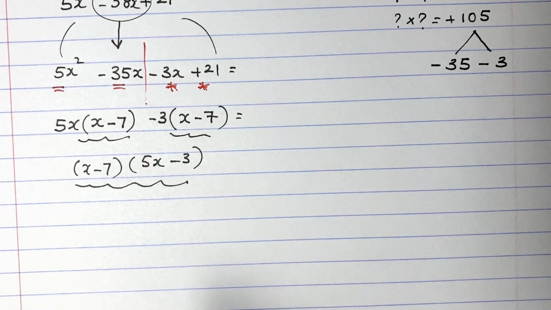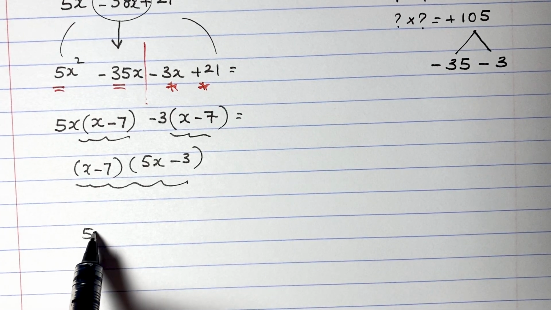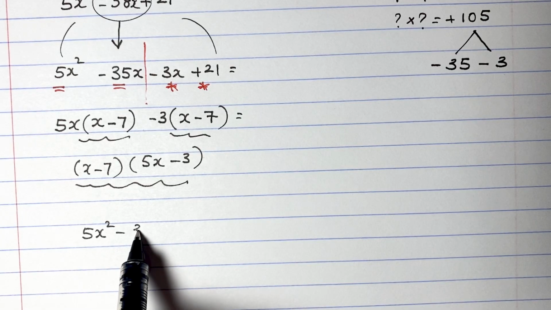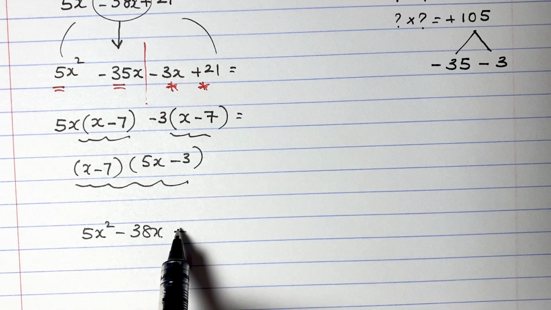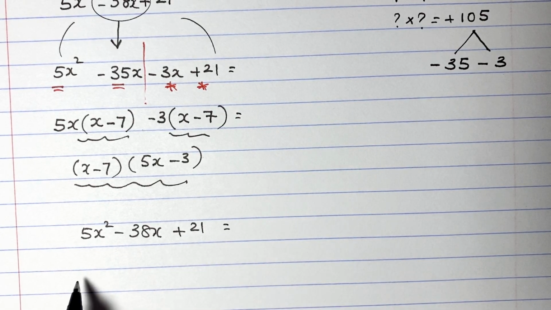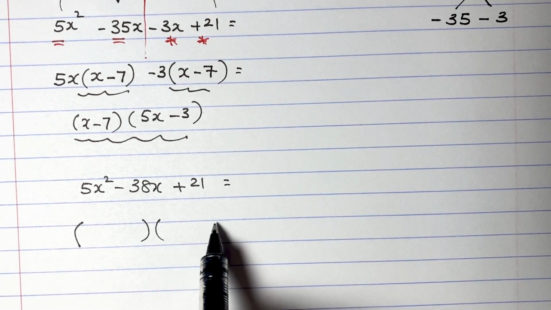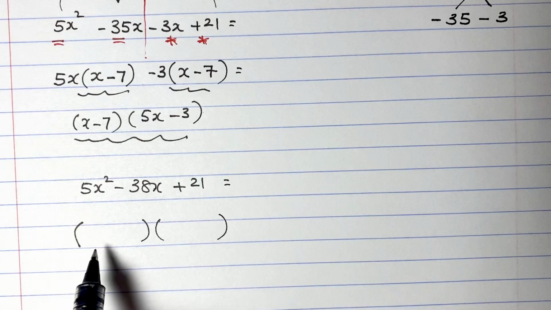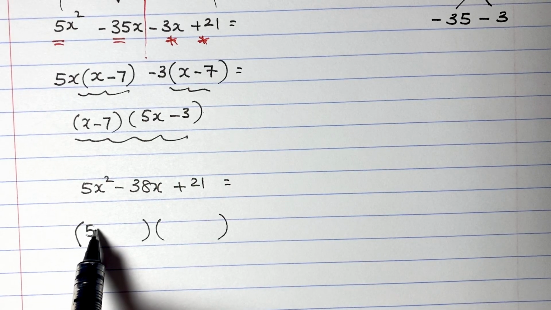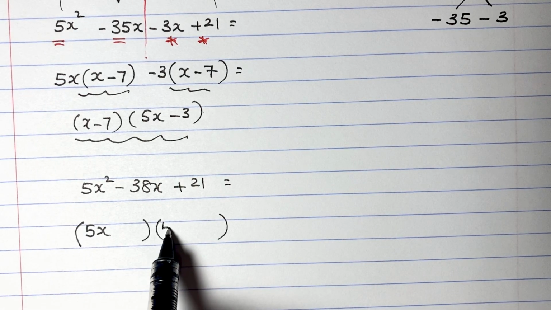The quick method, 5x squared minus 38x plus 21. So I go straight into my answer. Since we start with 5x squared, I put 5x in each.